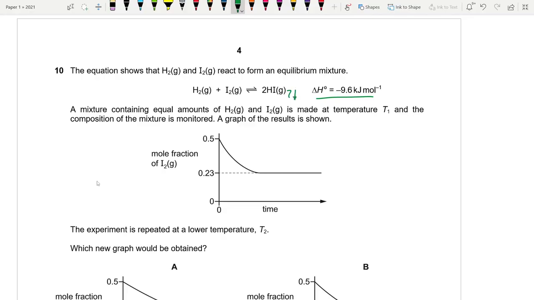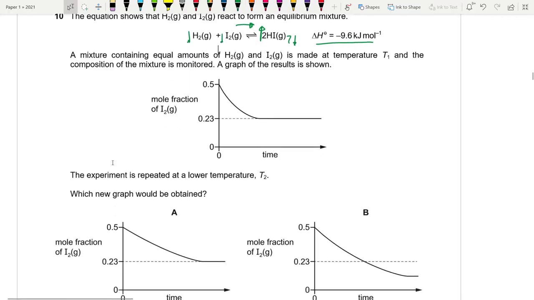But since temperature is decreased and it's an exothermic reaction, the equilibrium will shift to the right hand side. So the concentration of HI will increase and the concentration of hydrogen and iodine will decrease. That's the logic.